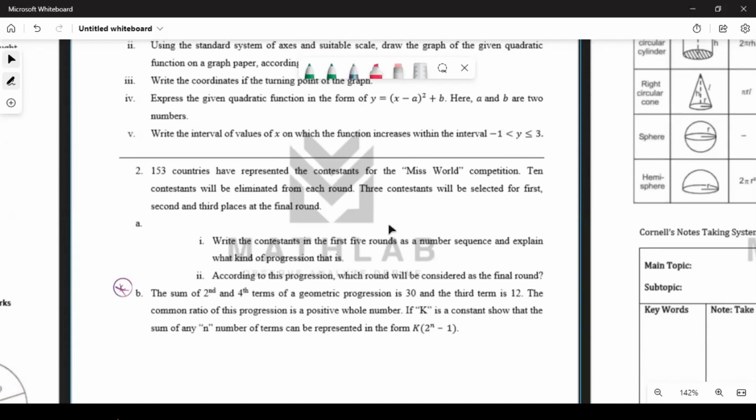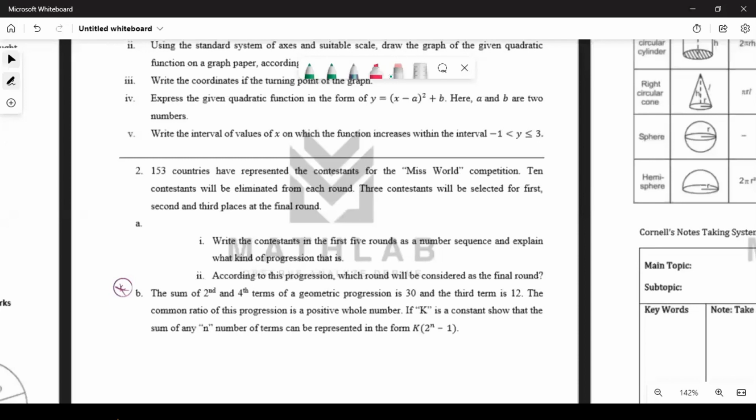That's the implicit idea. 10 contestants will be eliminated from each round. In the first round, all 153 contestants will be there. In the second round, 10 eliminated means subtract 10, 143. Again, 133. Again, 123. Like that it goes on. This is the progression.